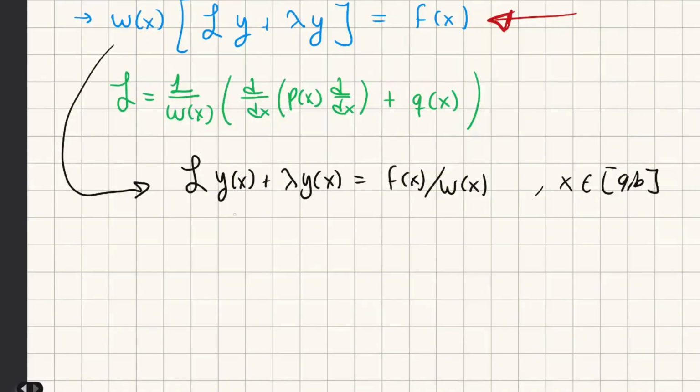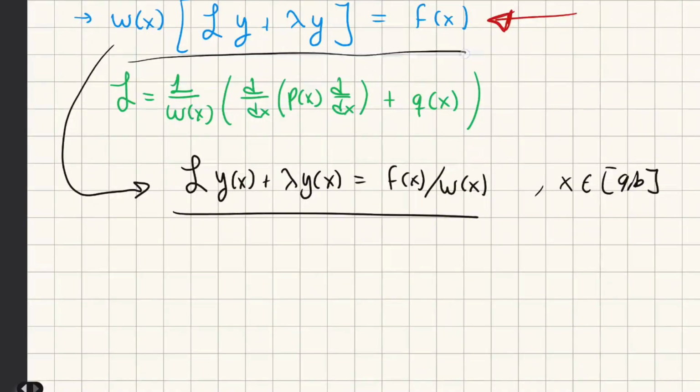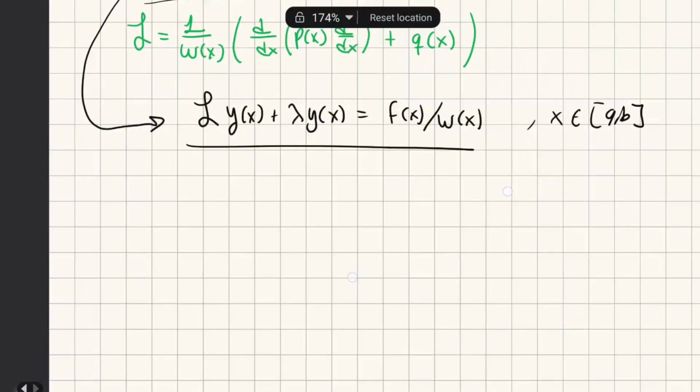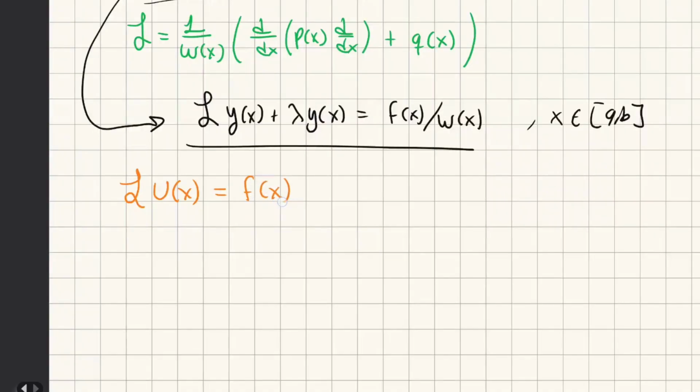I mean, we can see the problem in this manner or in this manner. So we know that if we have a linear differential operator, let's say that operator is L, not necessarily the same as the Sturm-Liouville operator, applied to a function u of x, and this is equal to another arbitrary function f of x.